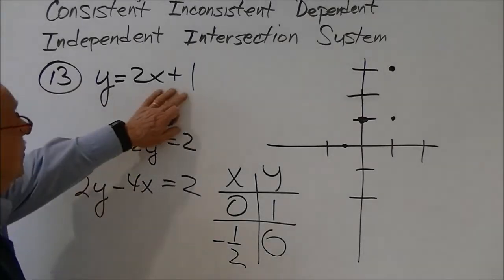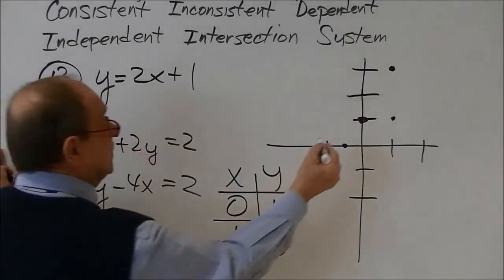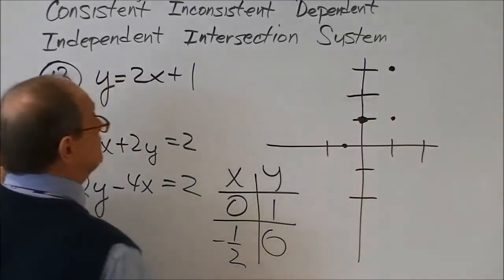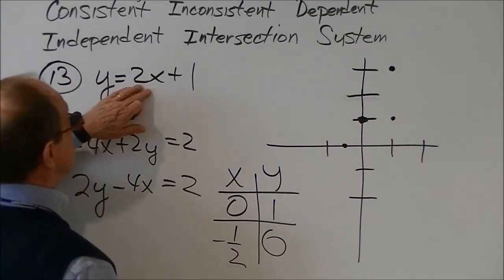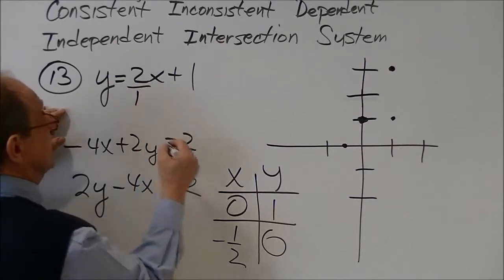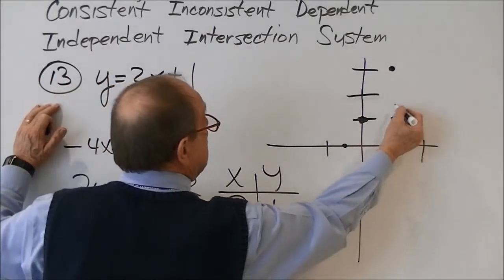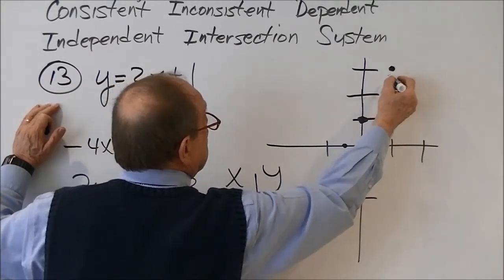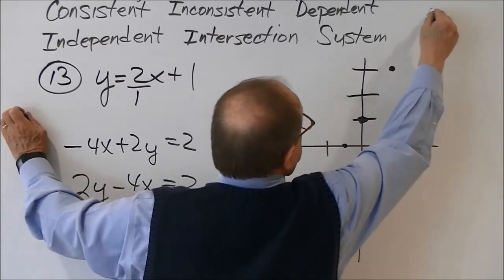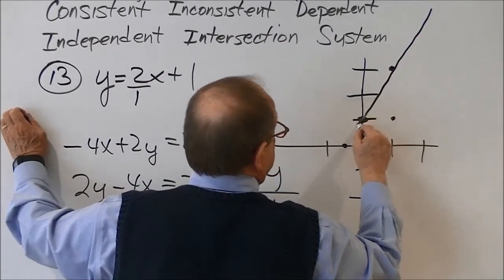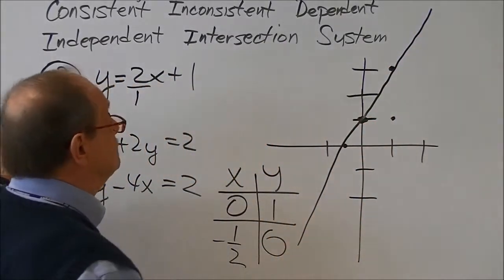So I plot my y-intercept, which is 1. I put a dot right there. Now my slope is 2 over 1, so I went over 1 up 2. So this is sort of the start of my graph.